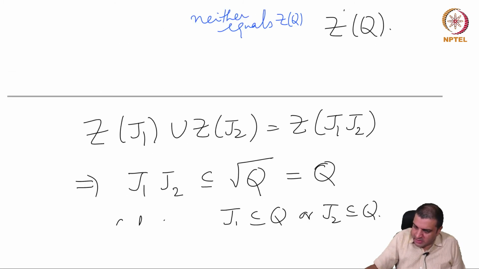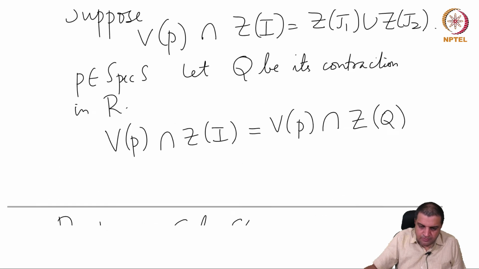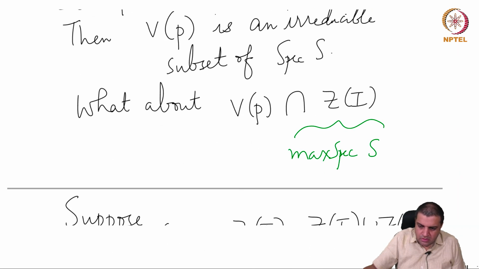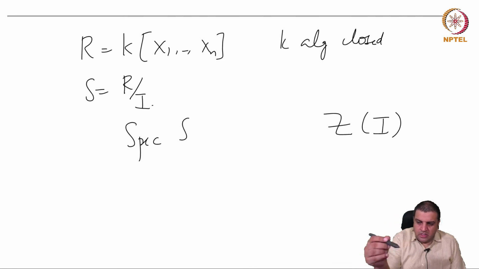Let me just go back and quickly review what we did. We have an algebraically closed field, and S is R mod I. R is a polynomial ring.